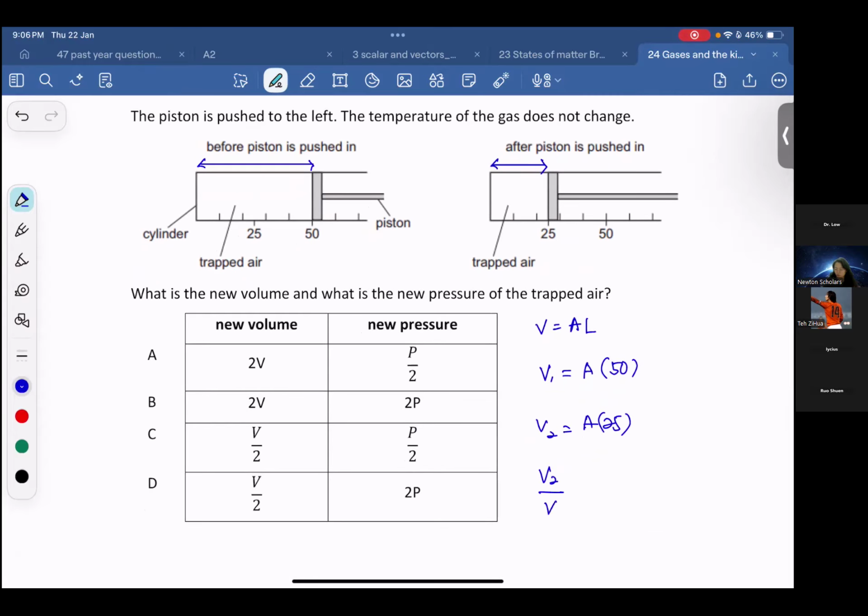I can use a ratio to find it. 25A over 50A, so area can be cancelled. Volume 1 we assume is volume V. So V2 is half of V. Or you can surely know that 50 becoming 25 is half.